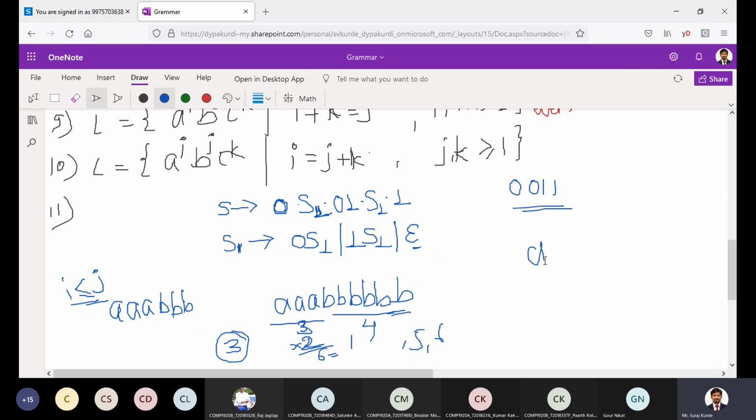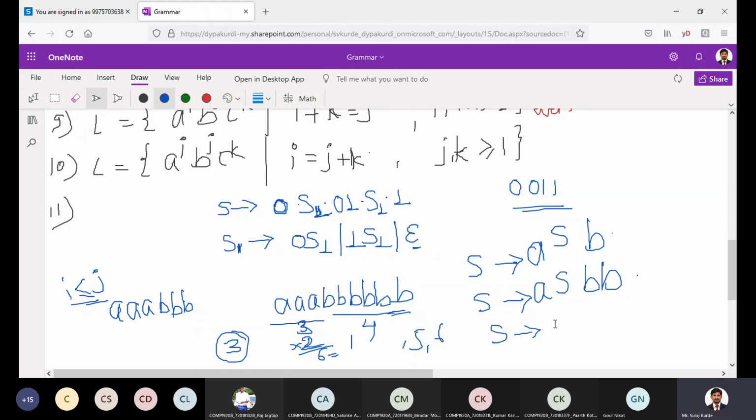So for each A, either I have to produce 1 B, or for each A it should produce 2 B's. So the maximum number of B's for each A will be 2, and the minimum will be 1. Now we have to repeat this part, and it will be produced from S.